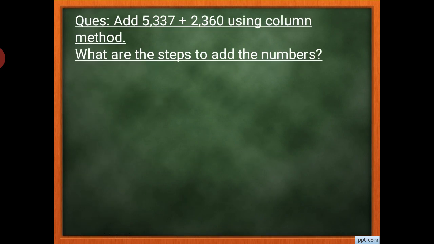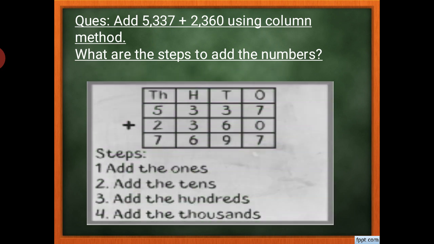Now the next question is add 5337 and 2360 using column method, and also we have to write the steps to add. So let's see. Again we have arranged the numbers according to the places, and beginning from ones we will just add the numbers. First we'll do 7 plus 0 is 7, 3 plus 2 is 5, 3 plus 3 is 6, and 5 plus 2 is 7.